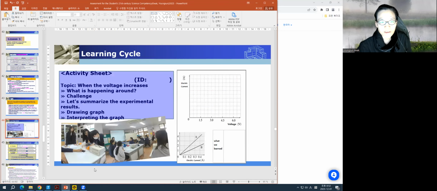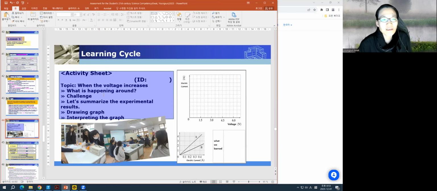This is another one. They can experiment or investigate the relationship between voltage and electric current. To do that, they want to control the resistance in that experiment. This is the scene where Korean students are conducting an experiment.